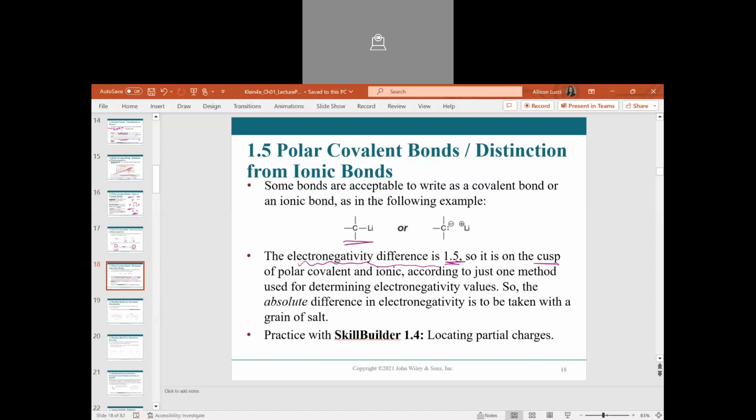Sometimes you may see it drawn more as a molecular compound and then more as an ionic compound, depending on some other conditions, or even from textbook to textbook. So this absolute term of electronegativity difference, they note, just take that lightly. It's more of a trend or generalization that can be made than an absolute value.